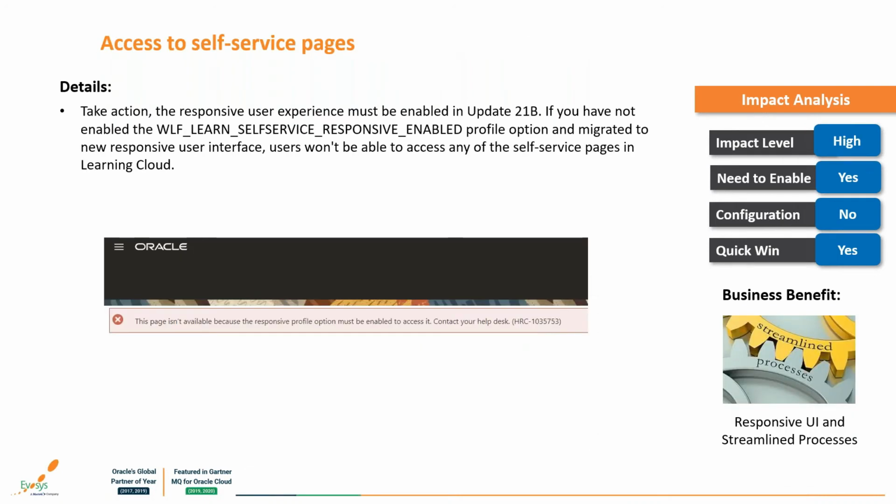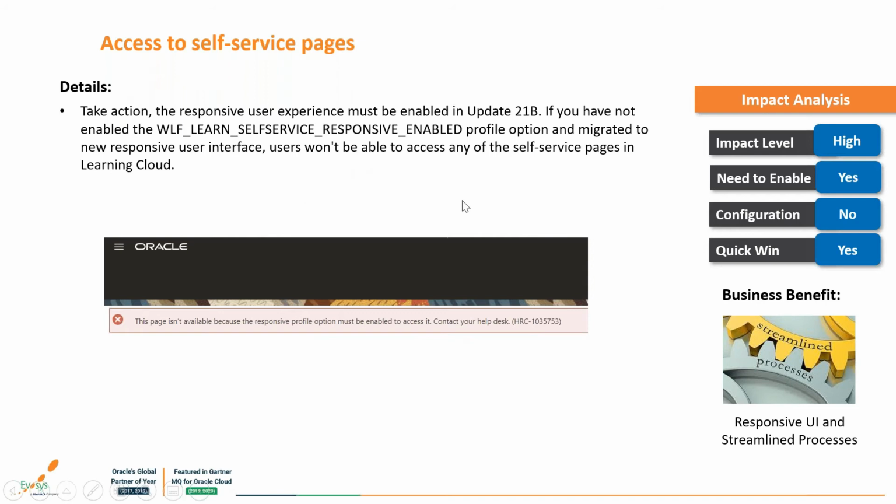Moving to the next, it is access to self-service pages. Again, it is related to Oracle Learning Cloud. After 21B, if the profile option WLF Learn Self-Service Responsive is not enabled, then all the self-service transactions we have in Oracle Learning Cloud will not be accessible, and you will get this error that this page isn't available because the responsive profile option must be enabled to access it.